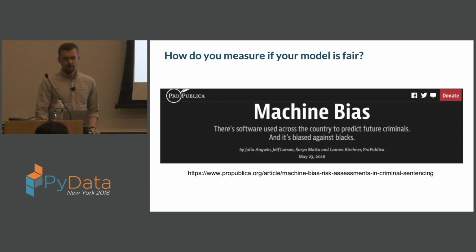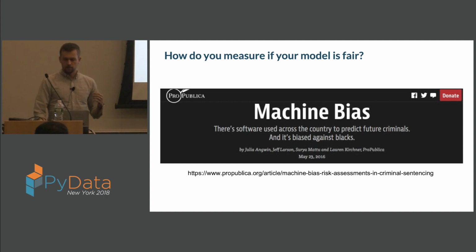This is a model that is apparently used pretty widely across the country in informing decisions about parole. The model spits out a likelihood that someone will go on to commit more crimes after they're released, and that score informs decisions about when people get released on parole.